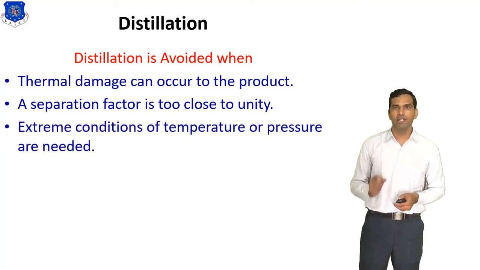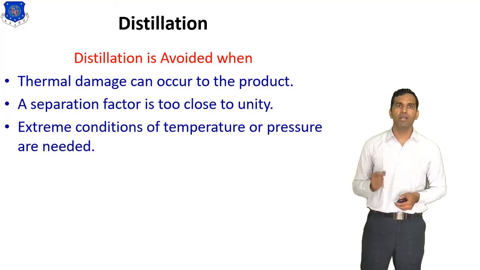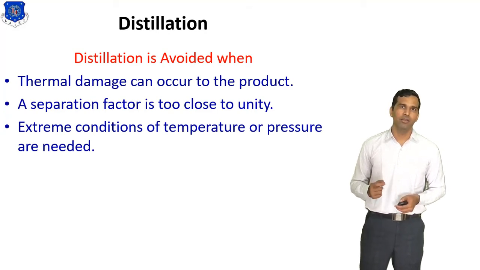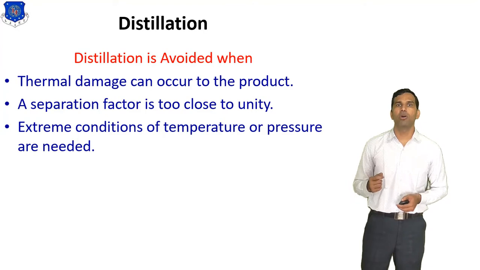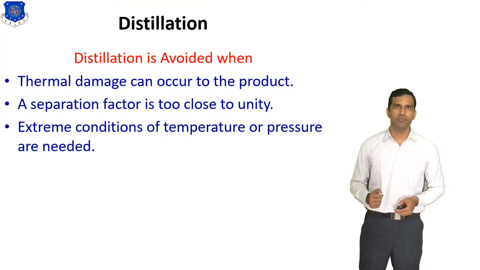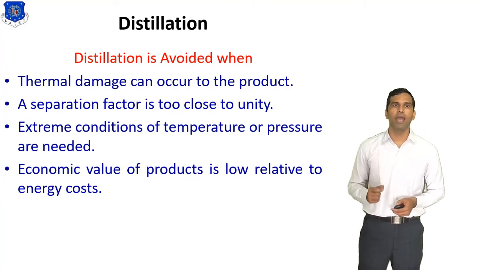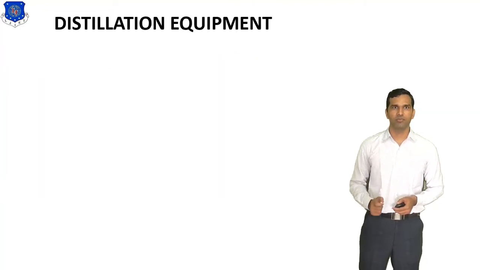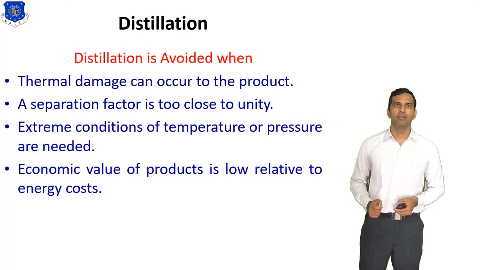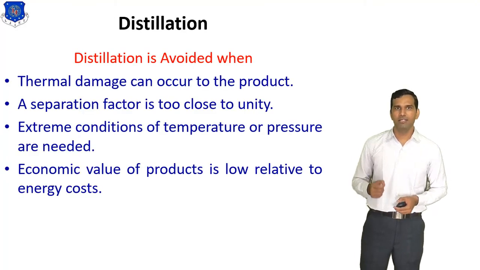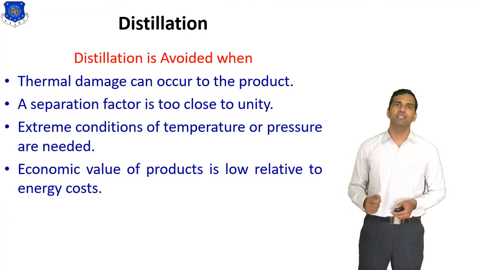Then, when extreme conditions of temperature or pressure are needed. And then, when the economic value of the product is low relative to energy cost. So, these are the conditions when we avoid distillation.